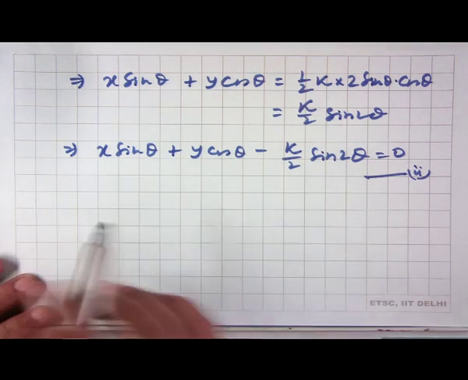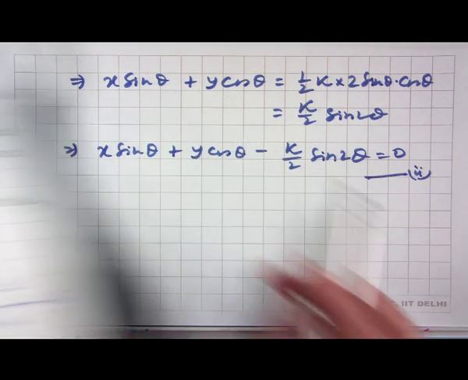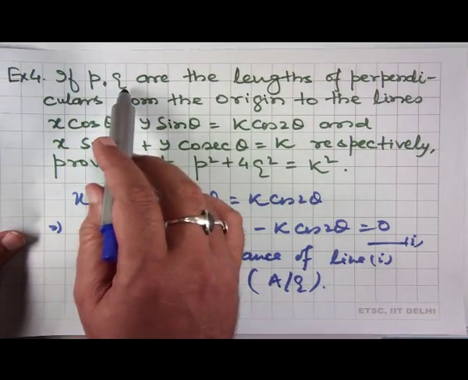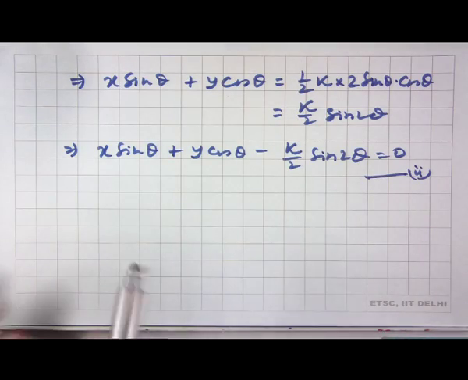The distance of this line 2 from the origin is, according to the question, q. So q is the distance of the second line from the origin.